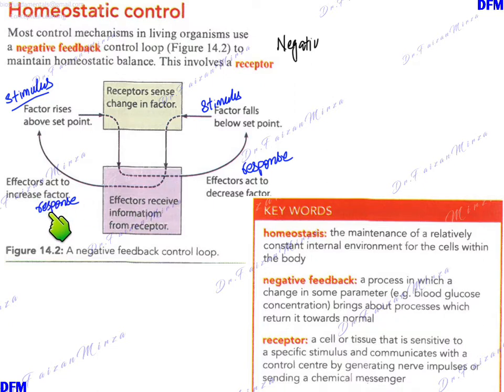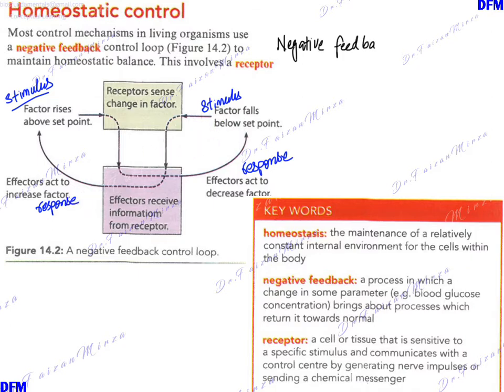So in either case, the response was opposite to the stimulus. If the factor increased, the response was to decrease it. If it decreased, the response was to increase it.